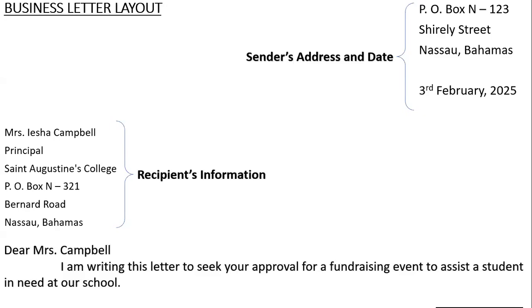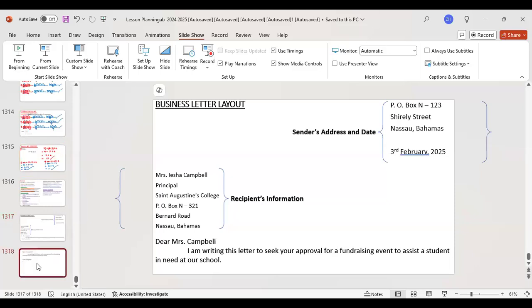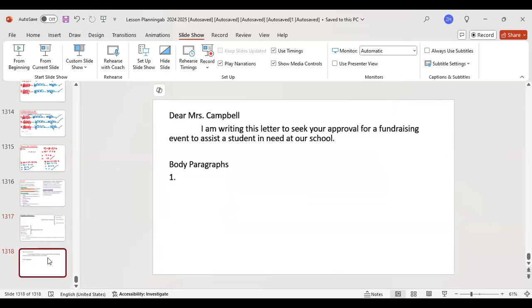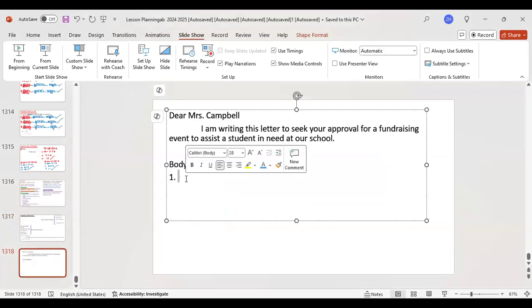Okay, so moving right along, the body paragraphs. Inside the body paragraphs, we're going to include who the fundraiser is for. So we can tell her that the fundraiser aims to support. What's the name of the student?